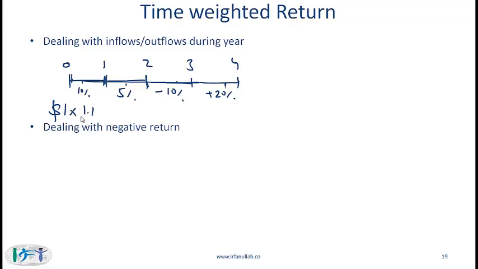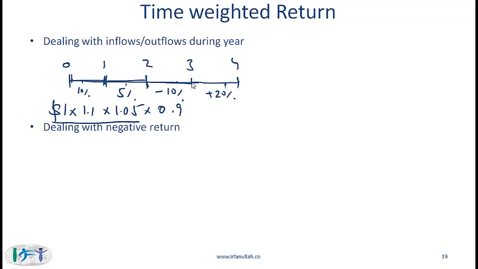We multiply this by 1.1, because if there is a 10% return in the first quarter, then the dollar becomes equal to dollar times 1.1, which is 1.1. And then we multiply by 1.05 because there is a 5% return, and then multiplied by 0.9 because we have a 10% decline. So whatever value we have at the end of the third quarter will go down by 10%, and we express that by multiplying by 0.9.